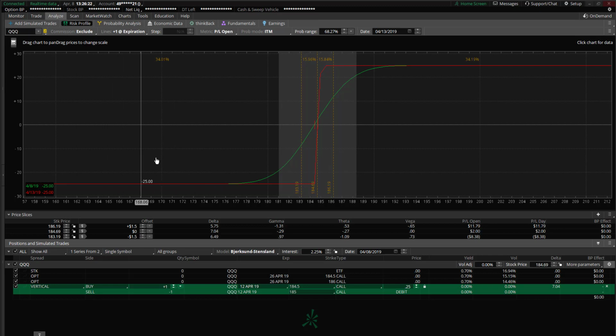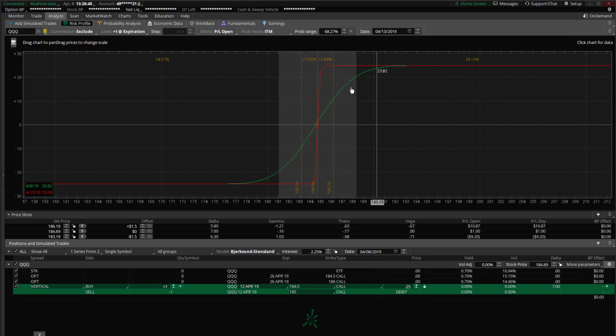I often look at my max loss in this way because this does represent your max loss in the trade. But I rarely ever look at my max profit in this way because I'm not looking to hold this to expiration.